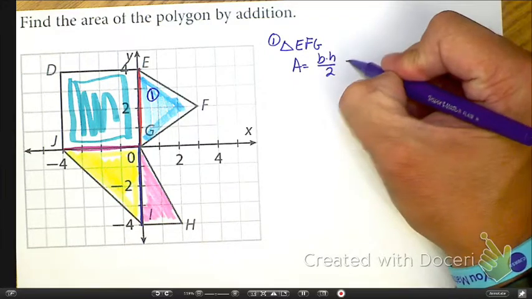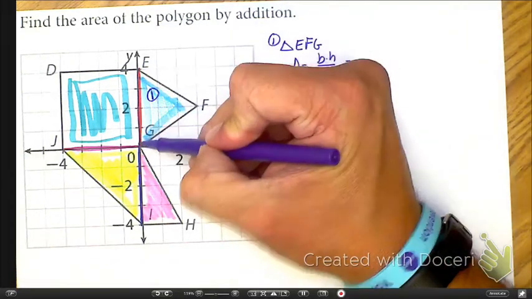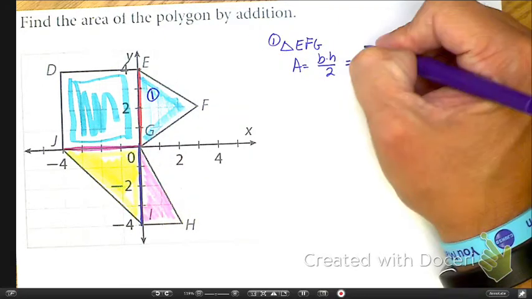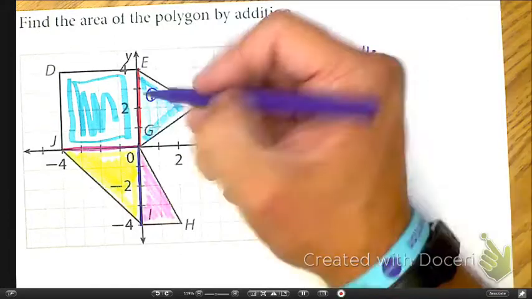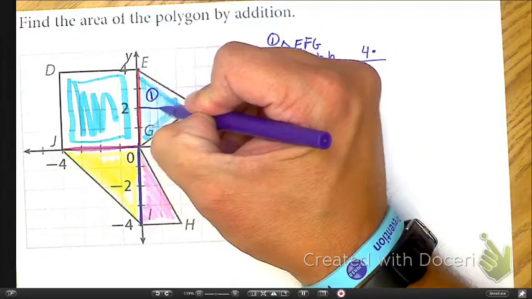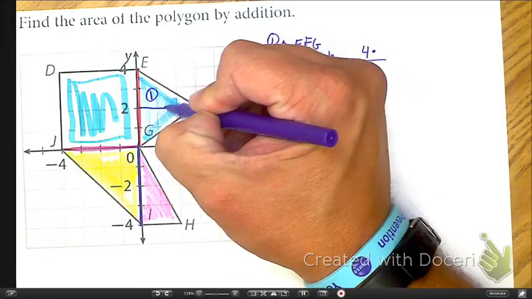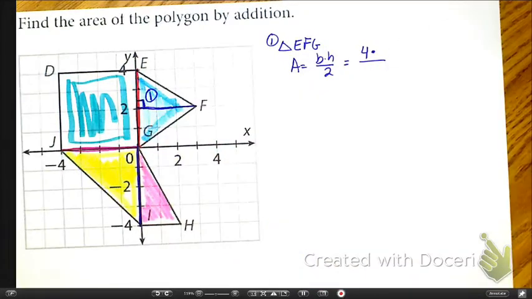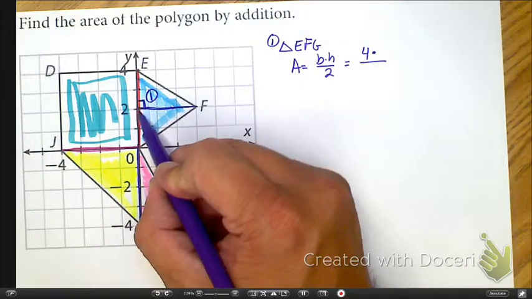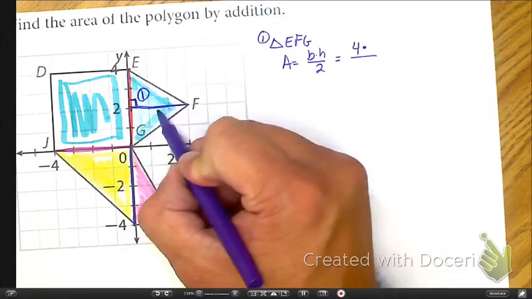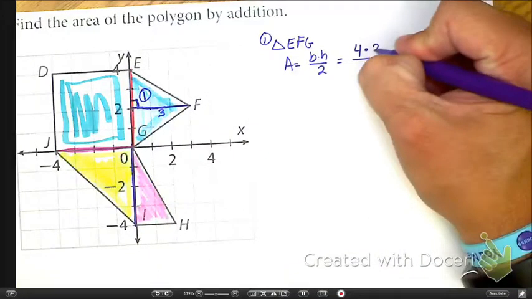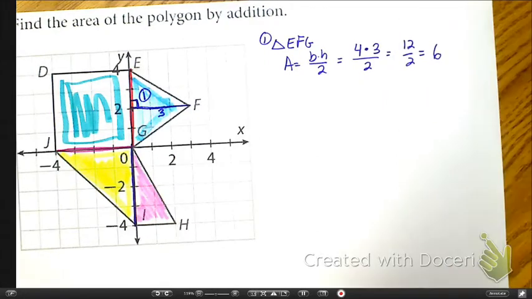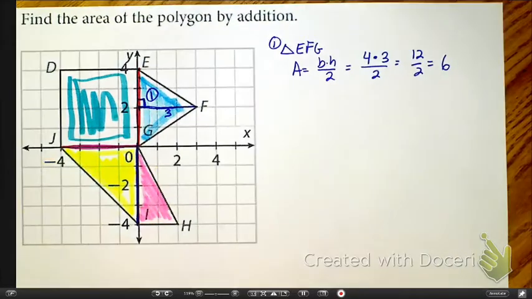This time I'm going to count the base as EG, the red cut I made. 1, 2, 3, 4. And I'm going to insert the height by finding the perpendicular to our base. Fortunately for us, that's very easy to do on this triangle. 1, 2, 3. 12 divided by 2 is 6. First area done.